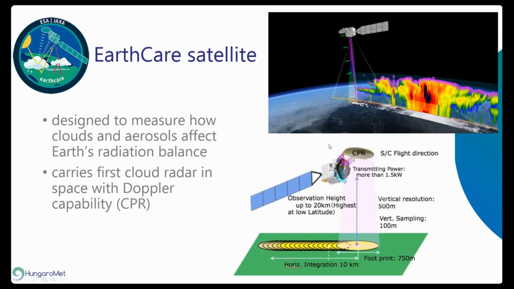It emits microwave radiation at 96 gigahertz frequency, and this radiation is reflected back to the satellite from the different particles. So basically, we are able to see inside the cloud with this instrument.